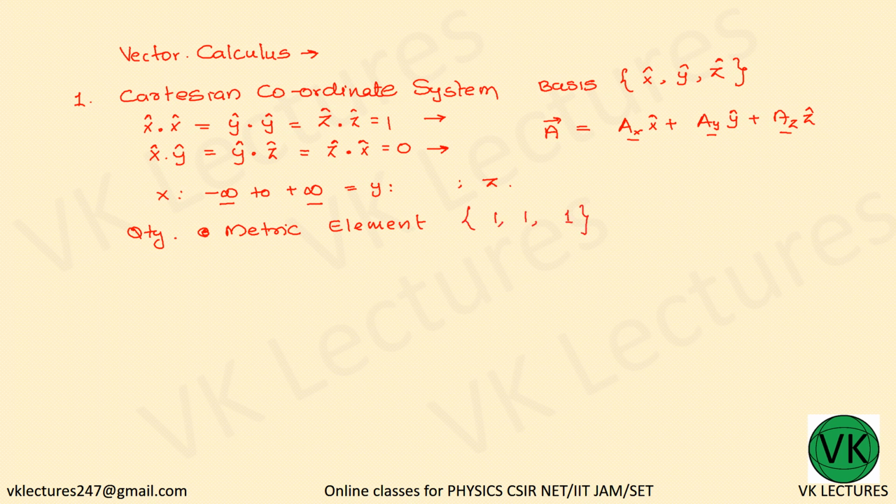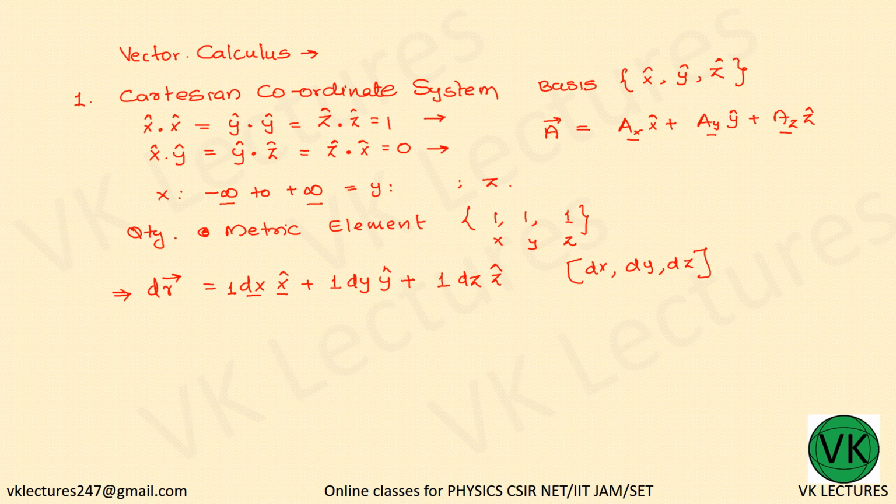Each value corresponds to the x, y and z coordinates, which means if I want to write some small length element dr, then it is the metric element 1 into dx x cap, plus another metric element 1 into dy y cap, plus the third metric element 1 into dz z cap. The length elements are dx, dy and dz.